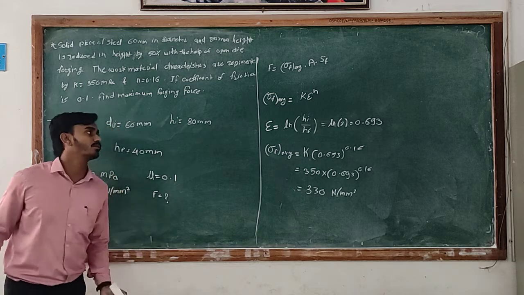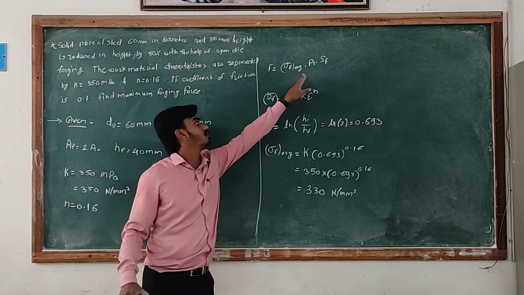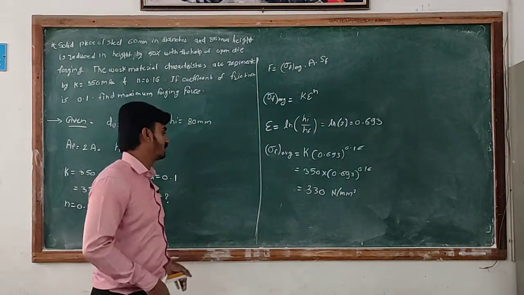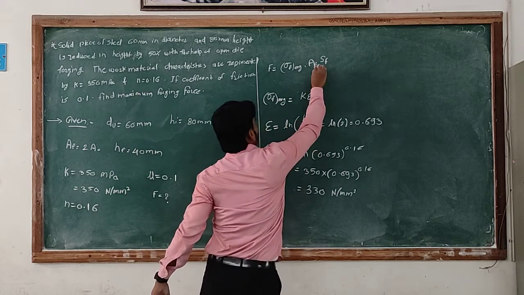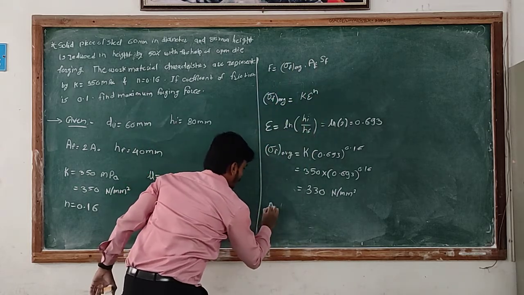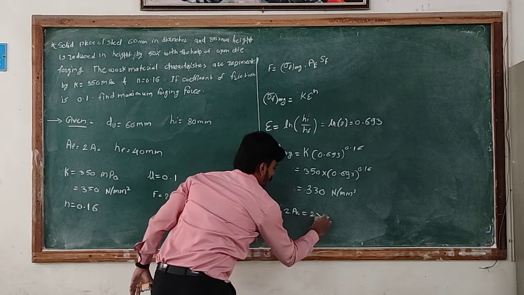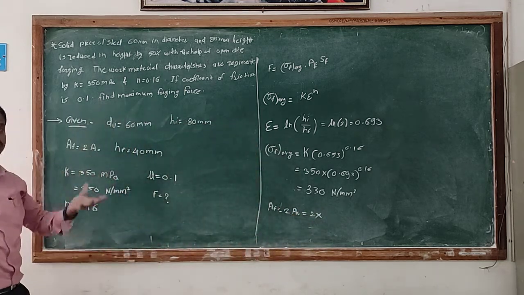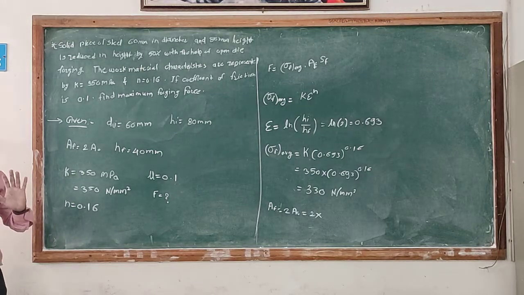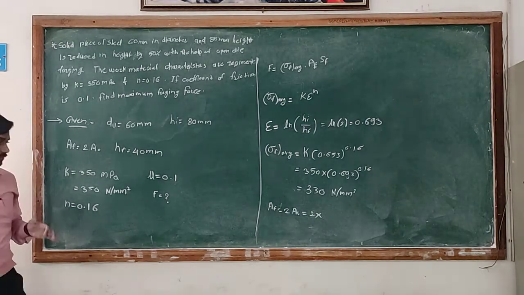Now we have the area. Here A is the final area, and the final area is equal to 2 times the initial area. For a cylindrical component, area is equal to pi by 4 d square.